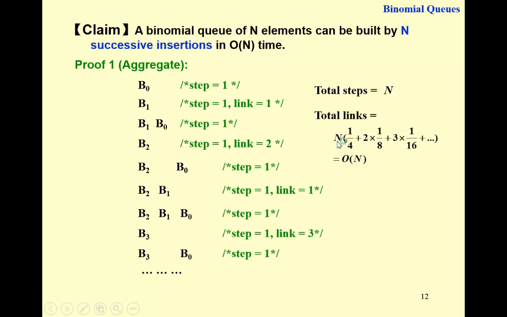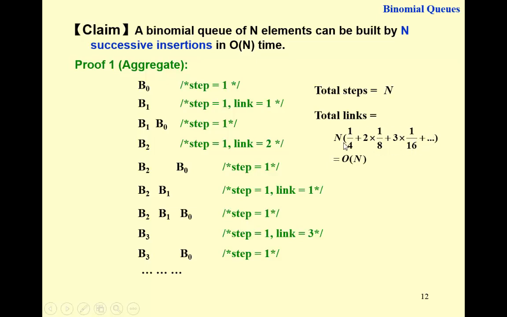Okay, so n is the common numerator, so we take it out. And then we have 1 link for every 4 steps, 2 links for every 8 steps, 3 links for every 16 steps, and so on and so forth. And I assume that you have all studied calculus, so you know that when n tends to infinity, this is an infinite series, but this series is a convergent series, which means it's bounded above by a constant.